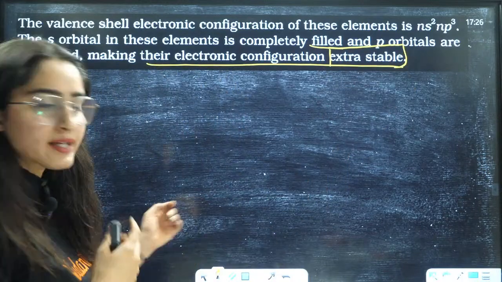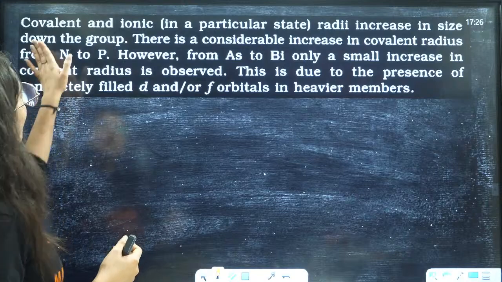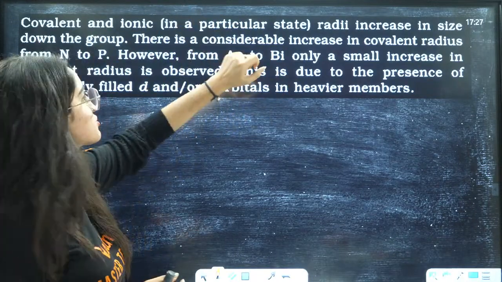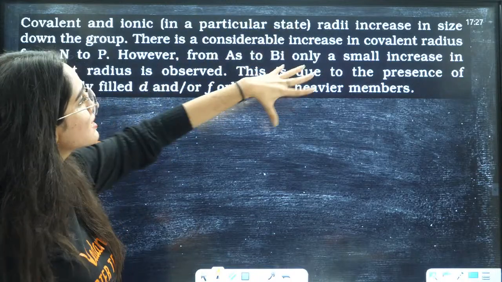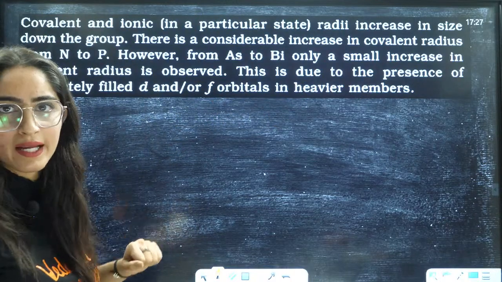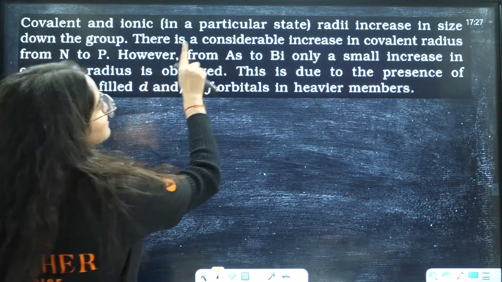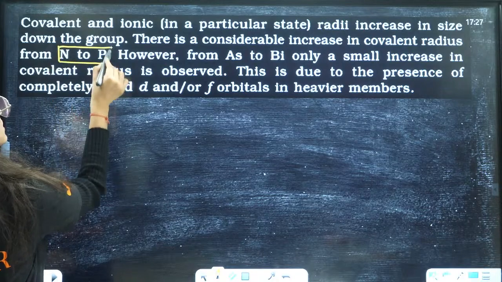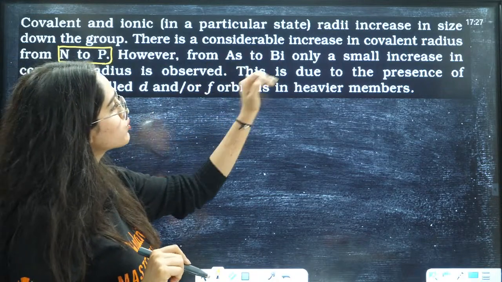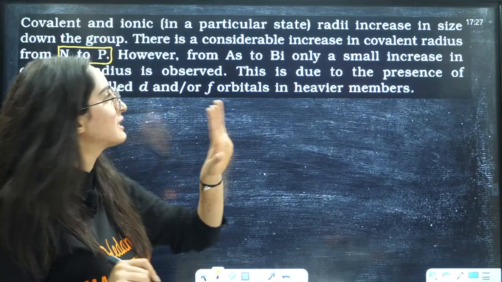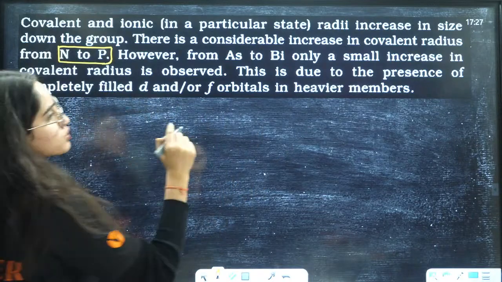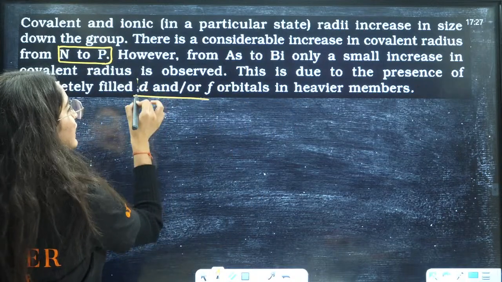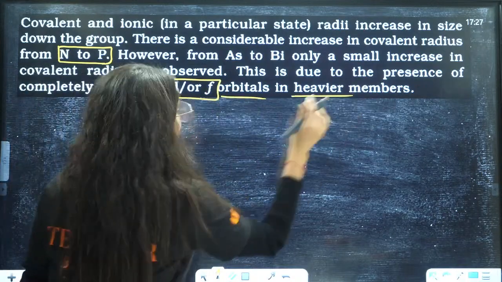Radii increase in size down the group, both covalent and ionic. There is a considerable increase in covalent radius from nitrogen to phosphorus. However, from arsenic to antimony, only a small increase in covalent radius is observed. This is due to the presence of d and f orbitals in the heavier members.